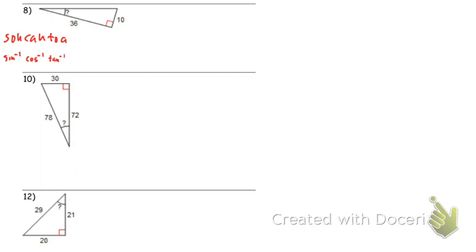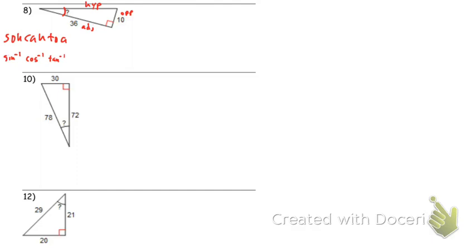So let's get started. The first thing we want to do is make sure we know our reference angle, and then we're going to label our sides accordingly. Across from the 90 is always our hypotenuse. Across from our reference angle is always our opposite. And the last one would be our adjacent.